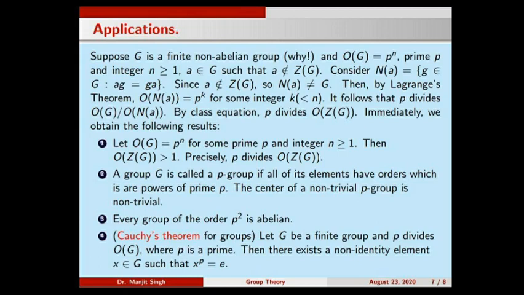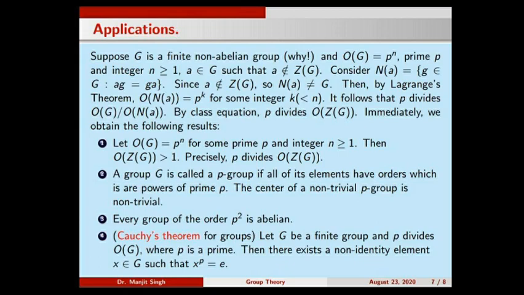Okay, now we take an element a of G which is not in the center. So the normalizer will be a proper subgroup of G in this case. By Lagrange's theorem, which holds for a p-group of order p raised to power n, you see that the order of N_a is p raised to power k, and since N_a is different from G, k will be less than n.